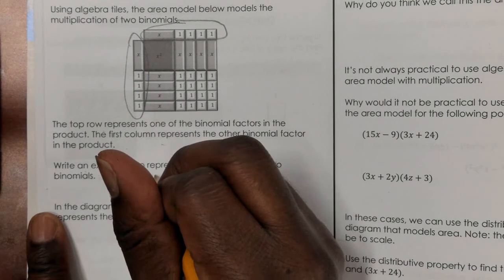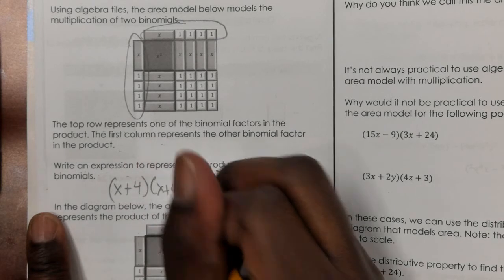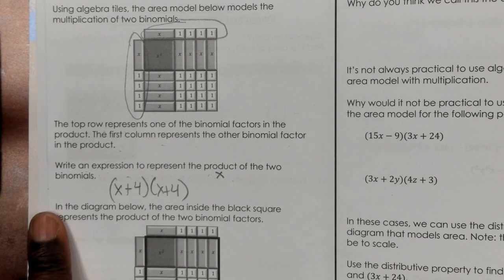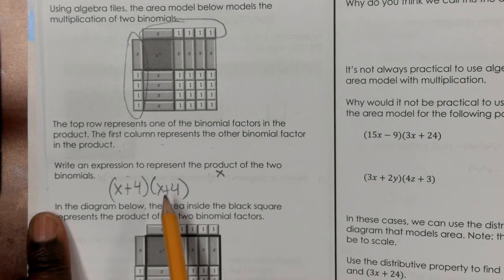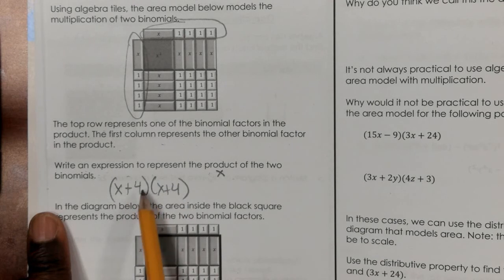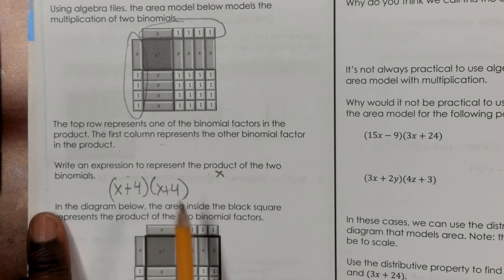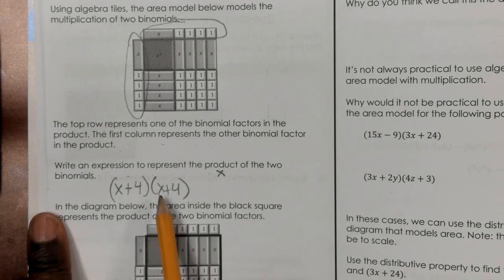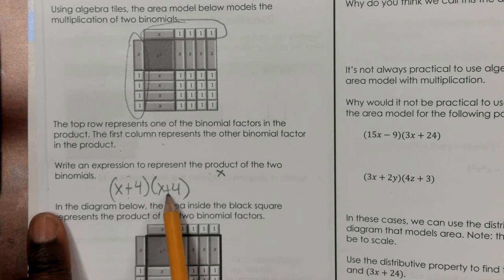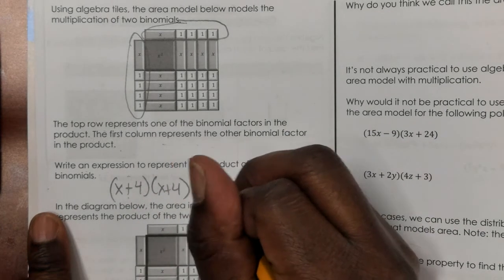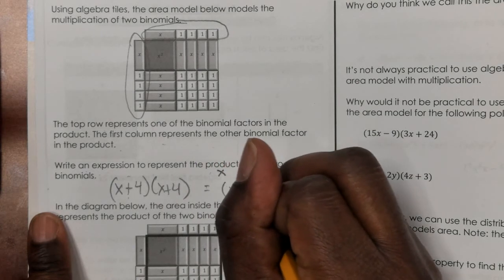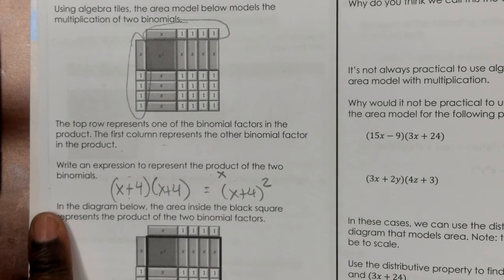So this is also x plus 4. Another way of saying this is that once you notice that they are the same, if I had a times a, it would be a squared. So this is x plus 4 times x plus 4. This is the same thing as saying x plus 4 squared as well.